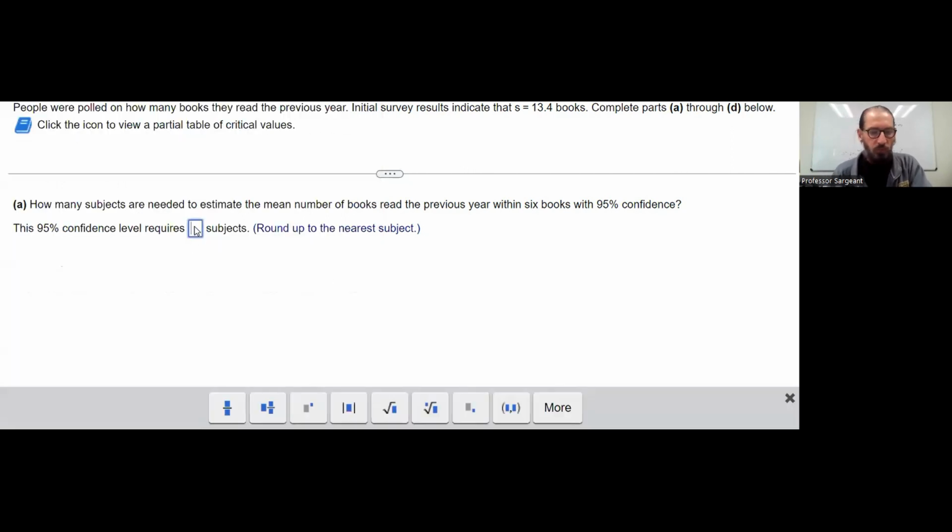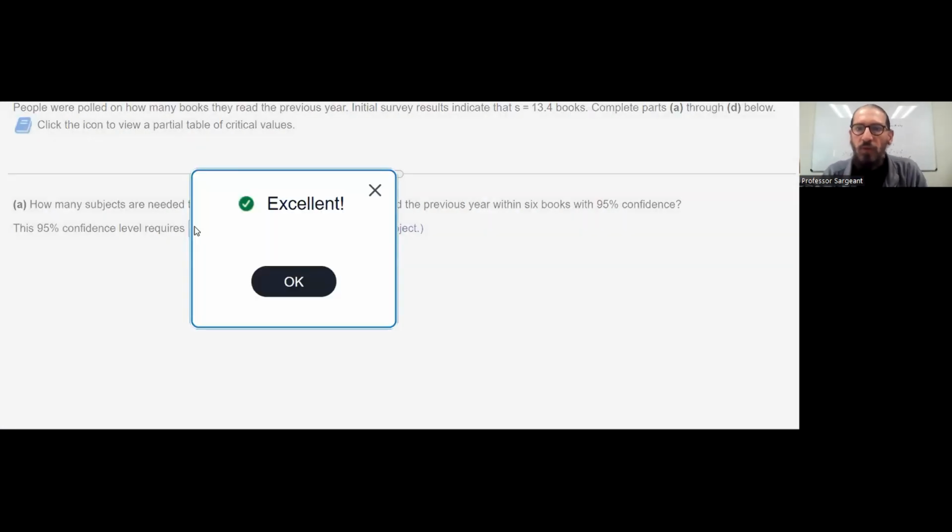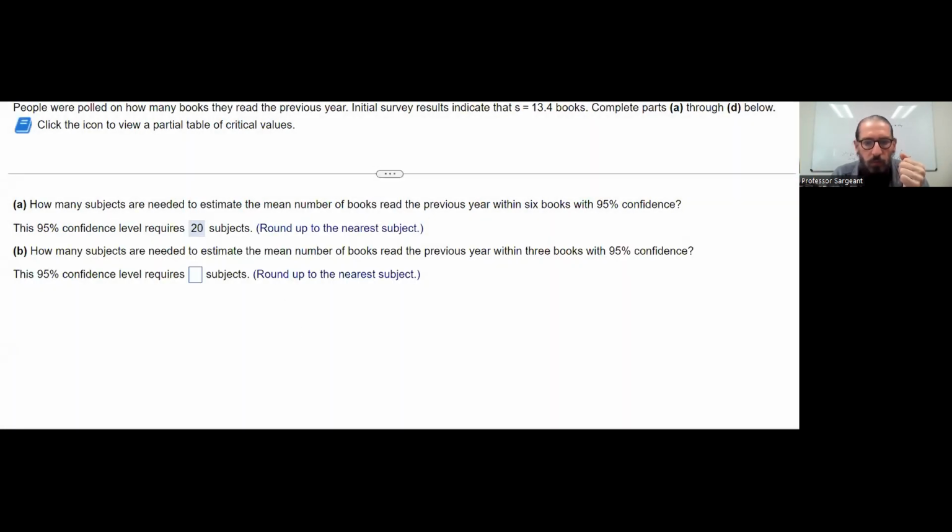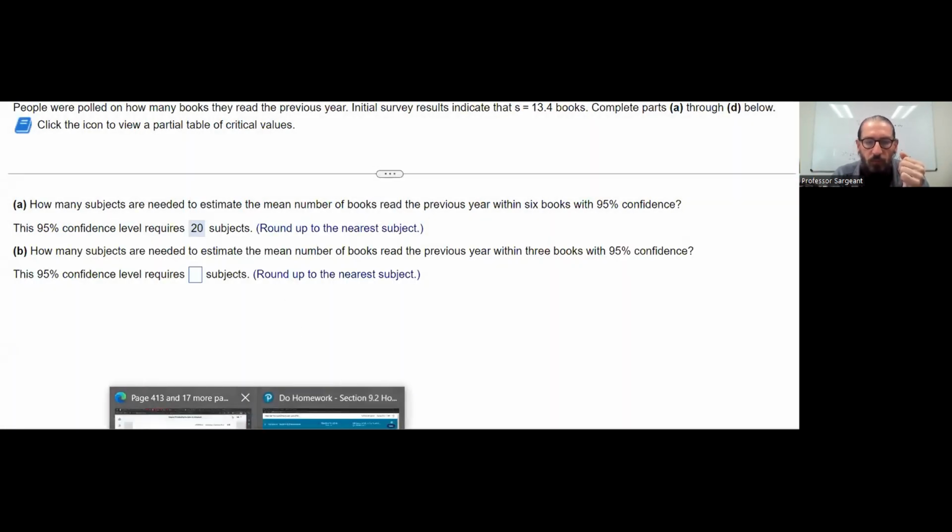Now I'm going to take a guess what they're going to ask on these other questions. If we increase the confidence level, then we're going to need, I think it's fair to say, we'll want to combat a larger margin of error with a larger sample. Let's see if I can explain that from the formula.